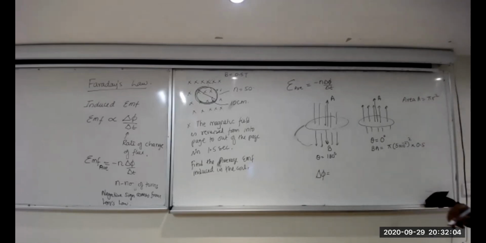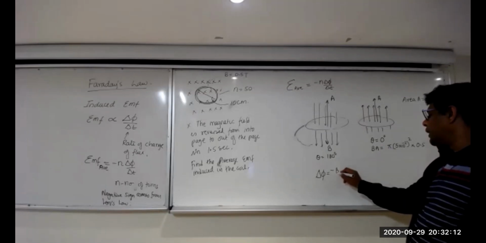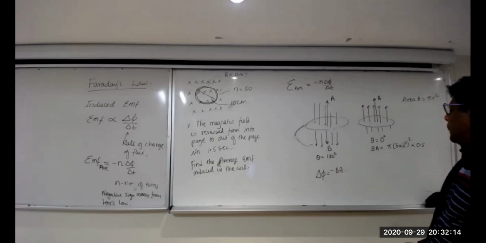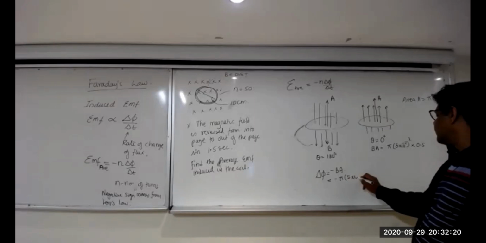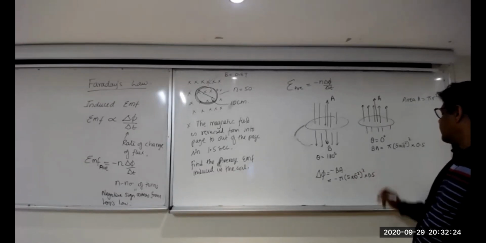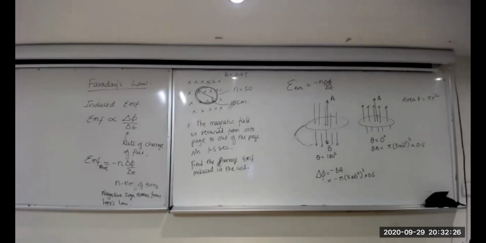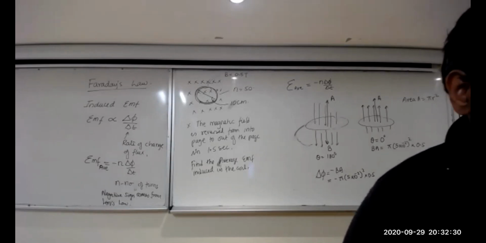So you can find that area. In here, it's more like negative BA, same number. So what I'm trying to say is it's going to be double.